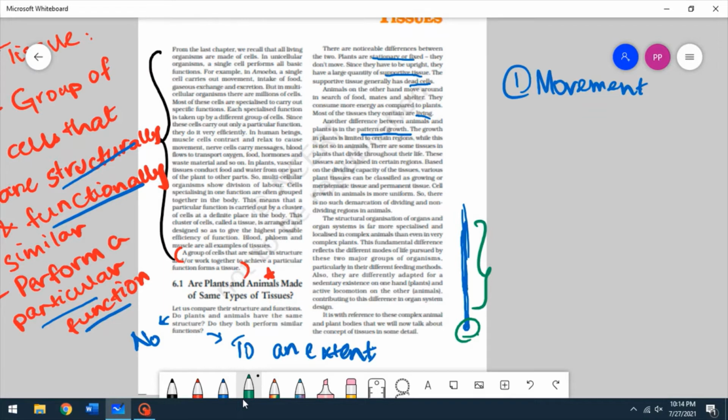After it reaches a certain height, it starts developing some plants. I'm not saying every plant. Most plants start developing into trees, where they grow horizontally as well. They form this bark and the brown structure, the bark. That's what they form, and they start growing horizontally.